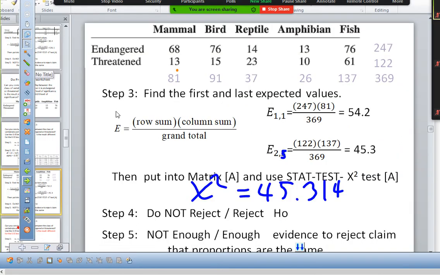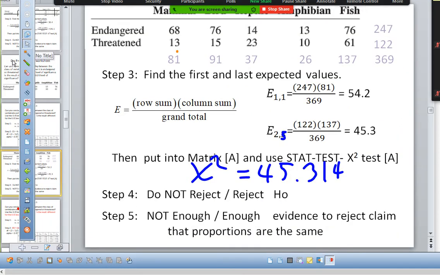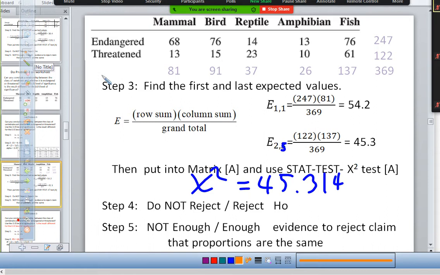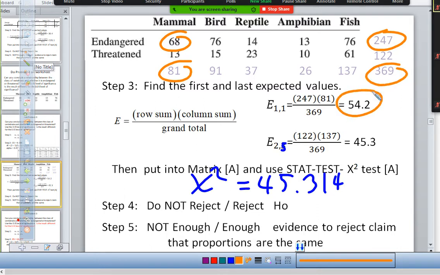We're going to find our first and last expected values. For the first one, I need to grab his row total and his column total and divide by the grand total, and I'll get 54.2. For the last one, I'm going to take his row total and his column total and divide by the grand total, and I'm going to get 45.3.